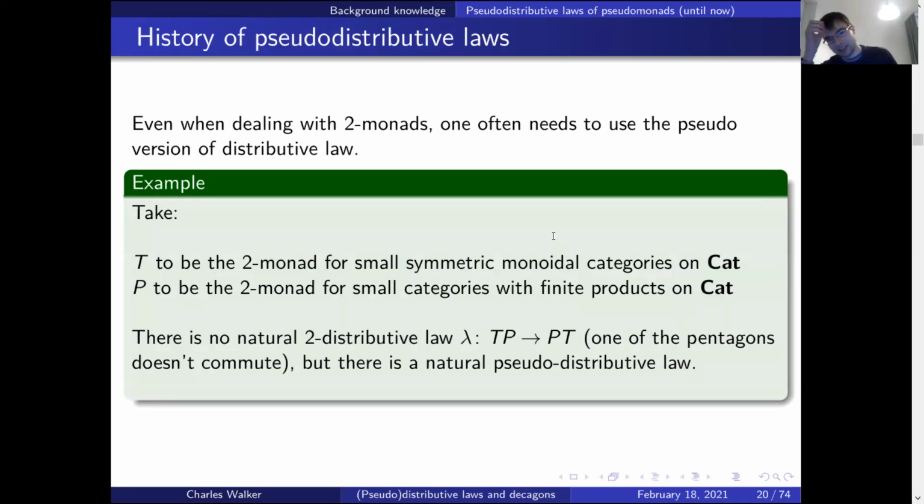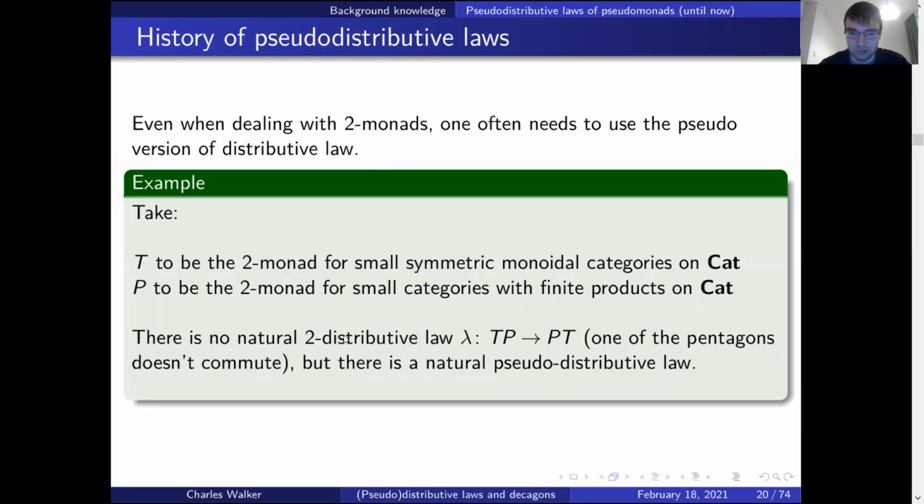Maybe now I'll say a bit about the history of pseudo-distributive laws, like why I use them. Even if you just start off with natural examples of two monads, it's often the case that you have to use pseudo-distributive laws. An example is where T is the 2-monad for small symmetric monoidal categories, and P is the 2-monad for small categories with finite products.